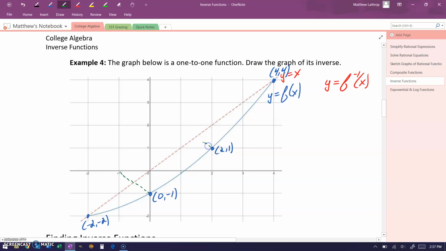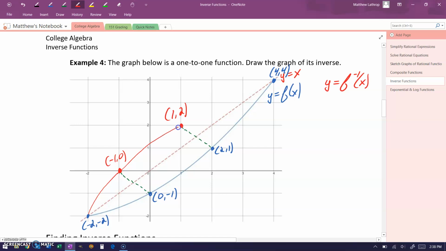Our remaining points would be reflected across this line, giving us two new points, -1, 0, and 1, 2. And then what we can do is sketch what the reflection of that curve would look like.